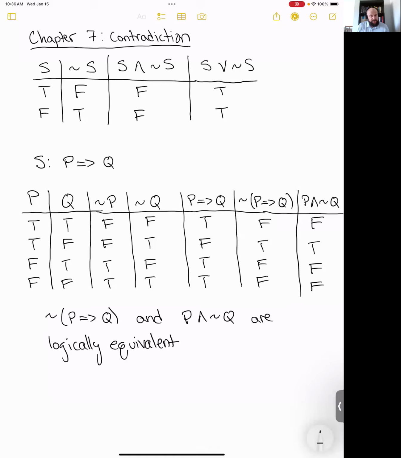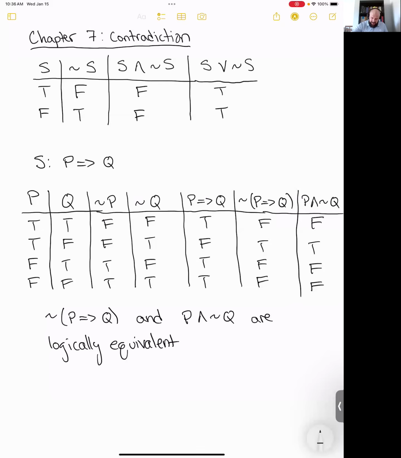And then our goal will be to derive a contradiction from those assumptions. And so that tells us that the not statement can't be correct. And so the original statement must be correct. And it's the law of the excluded middle that tells us that you have to either have S be true or not S, and you can't have both be true, which makes this proof method work, right? If we assume the opposite, derive a contradiction, that means the opposite cannot be true. And there's only one option left, which is the original statement must be true. Okay, so that's the idea.